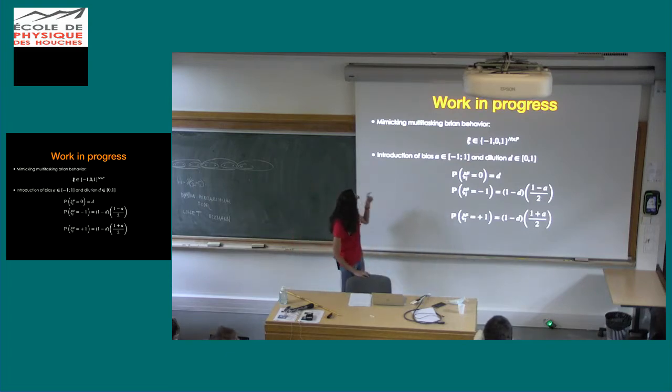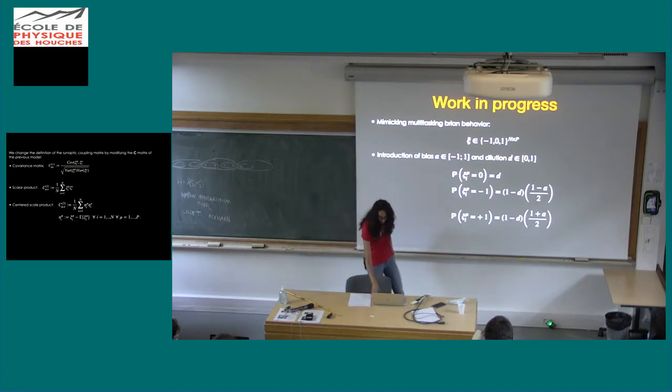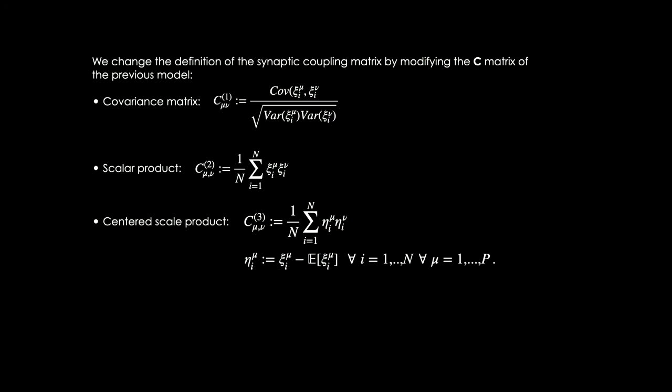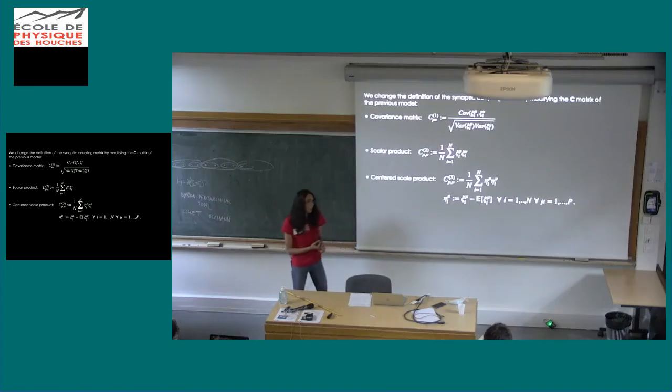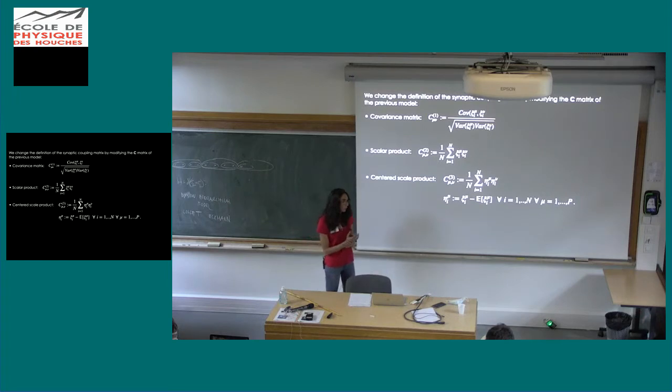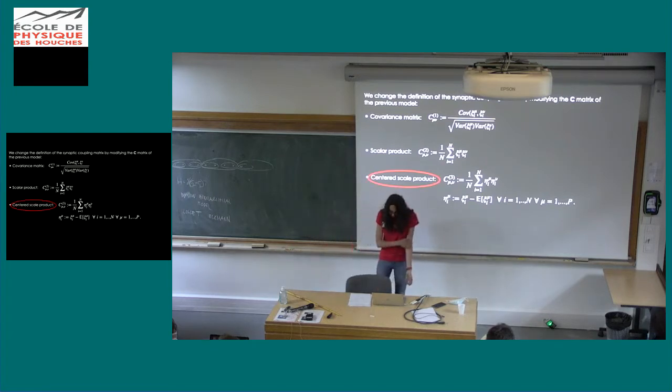So we can add this bias here to modulate this probability. And then we have to change the matrix J of the system, but after some trials, the good thing is to change the correlation matrix of the previous model. I tried different matrices, but I think this is the best one.